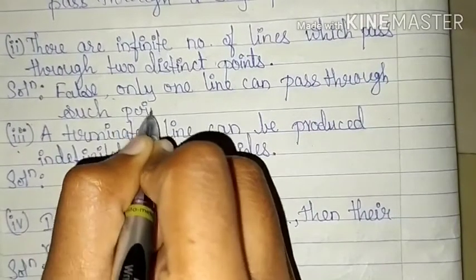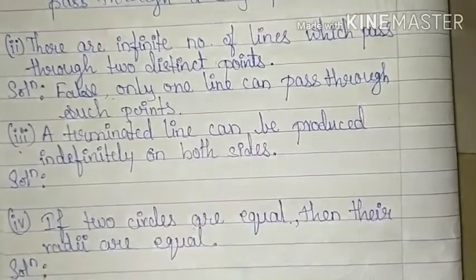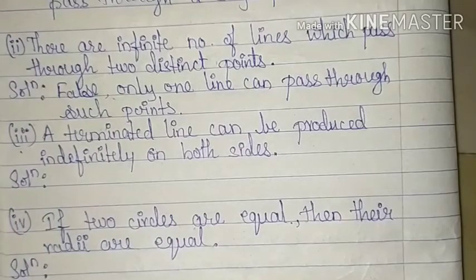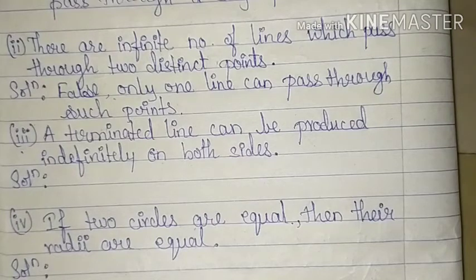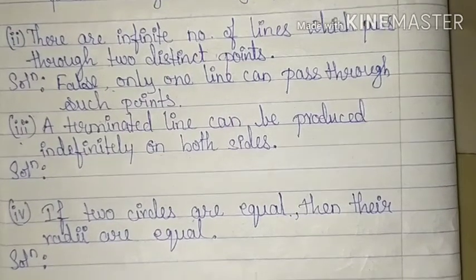If there are 2 points given to you and you join those 2 points, you draw only one line. It is not possible to draw infinitely many lines which will pass through those given points. It will be different if you talk about individual points, but since we are talking about 2 points at the same time, there is only one line which can pass through them.